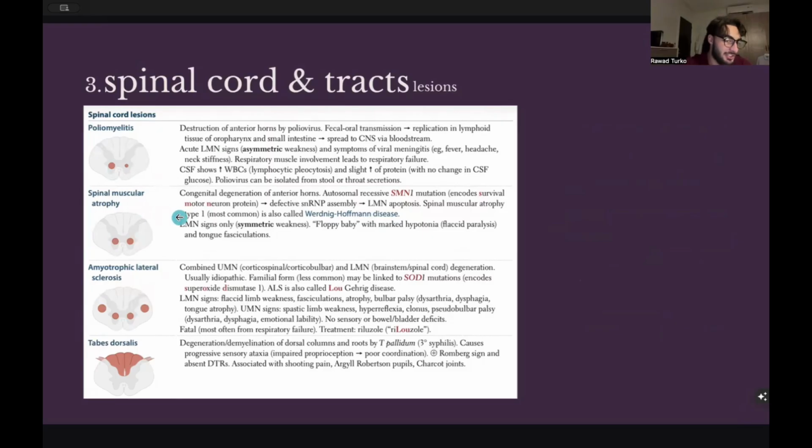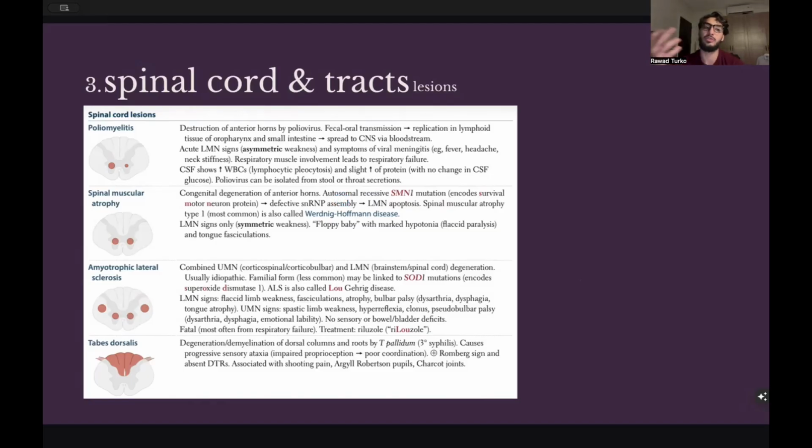Again, spinal muscular atrophy. This is a congenital degeneration of the anterior horns. Okay, and this is symmetrical. So this is different than poliomyelitis because it's symmetrical degeneration. And since it's congenital, you're going to see that in babies. The classic buzzword that you're going to see with spinal muscular atrophy is a floppy baby. Okay. And the degeneration is because of a gene mutation. That's SMN1, which encodes the survival motor neuron protein, and it leads to defective snRNPs, small nuclear ribonucleoproteins.